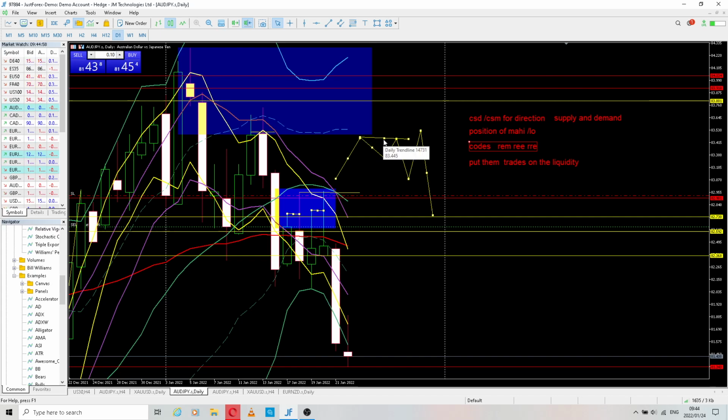But this touch, guys, I like to see this touch on my mahi. If this touch here, this above, is not on my mahi, then I will not take that trade.